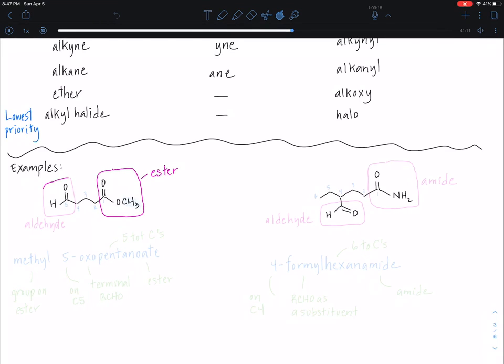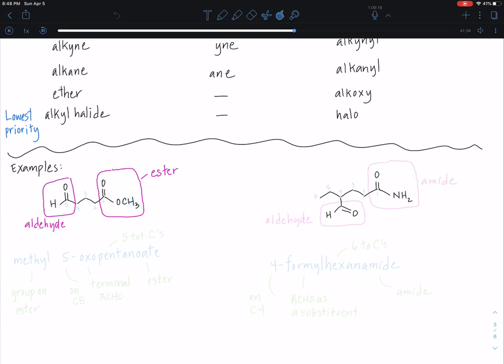This piece right here makes it an aldehyde. And on our list of priorities, we saw that the ester takes priority over the aldehyde. So this whole molecule is going to be named as an ester.